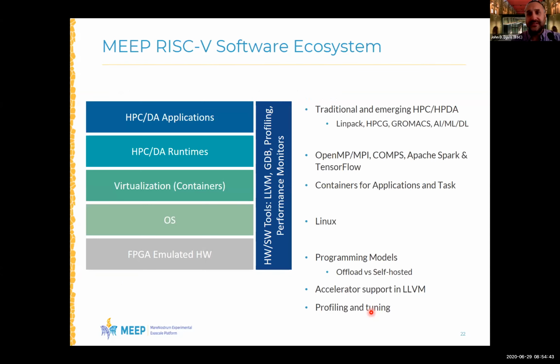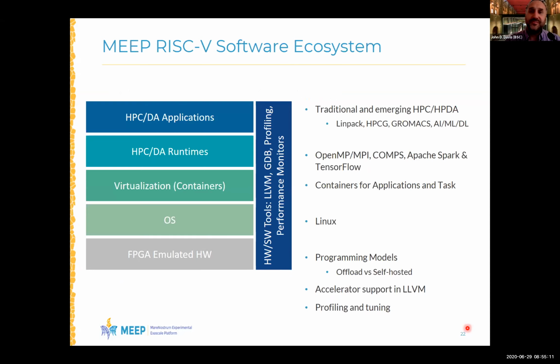On the software side, it's everything from traditional HPC and high performance data analytics, so LINPACK, HPCG, GROMACS, those types of applications, and then moving into AI, machine learning, and deep learning, looking at the various runtimes, OpenMP, COMPSs, Apache Spark, TensorFlow, and the components around that, whether it's Kubernetes or something else, Docker as containers or Singularity, Linux, and then playing with the programming models as well.